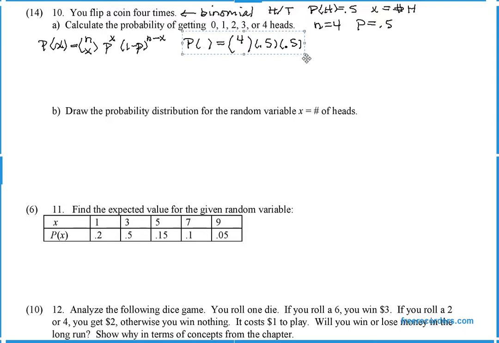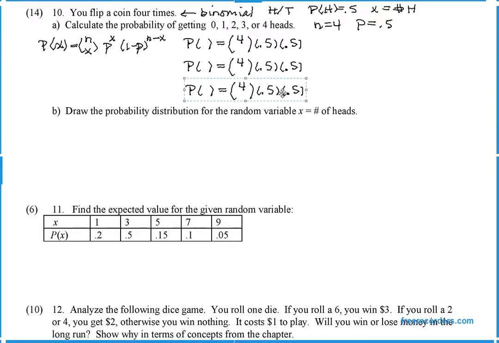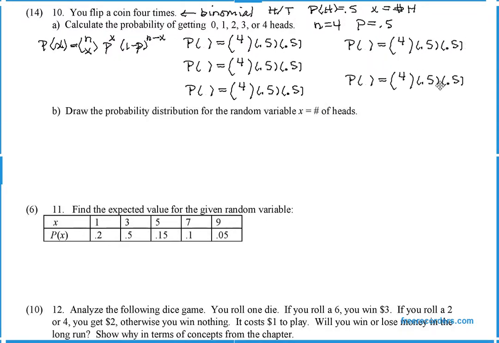So this will be for probability of 0. And this one will be probability of 1. And then probability of 2. Probability of 3. I need a little bit more room there. And probability of 4.